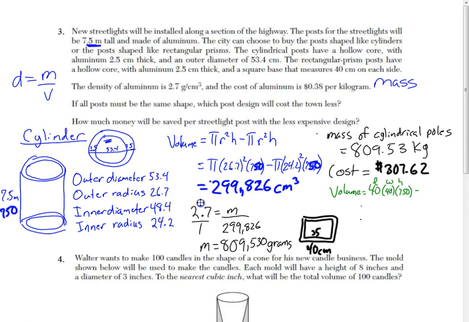The inner one is going to be 35 times 35 times 750. Again, that's the length, the width, and the height. So again, the height here was the same. And we're subtracting because it has a hollow core. So let's go ahead and do that.